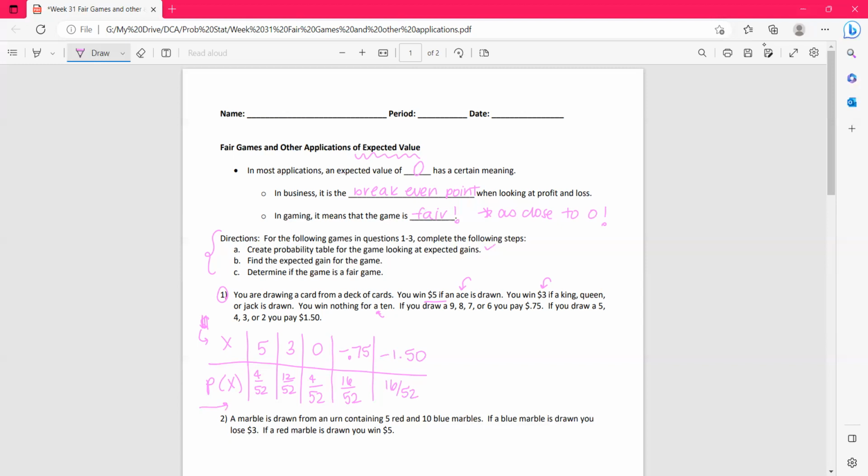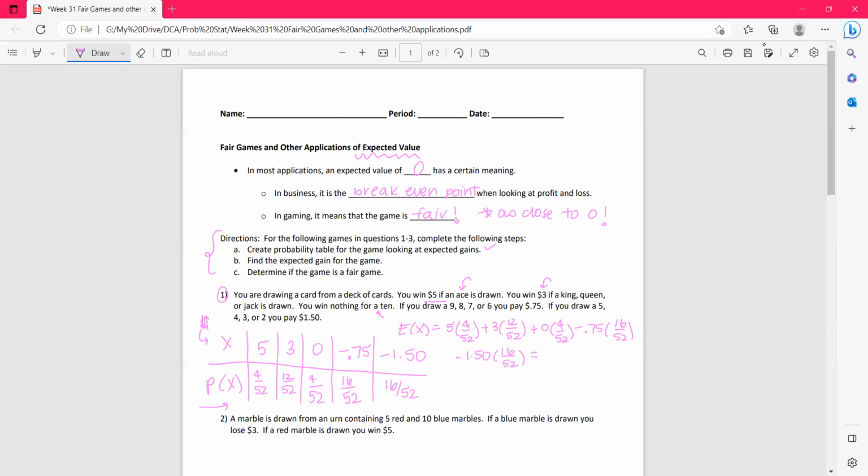And in the video earlier in the instruction, we know how to find the expected gain. What we need to do is multiply our money times the probability for each one of these. So 3 times 12 over 52 plus 0 times 4 out of 52 minus 75 cents times 16 over 52 minus $1.50 times 16 over 52.